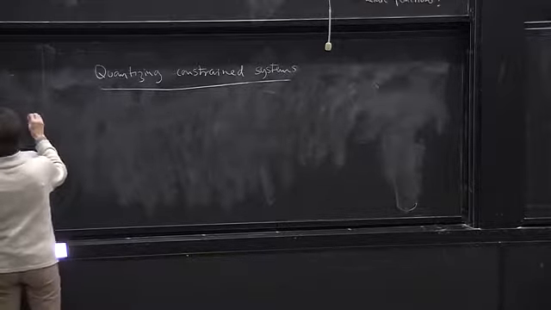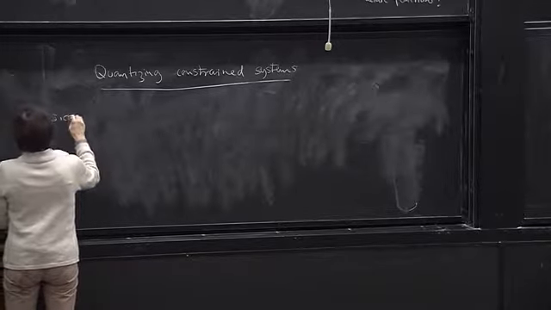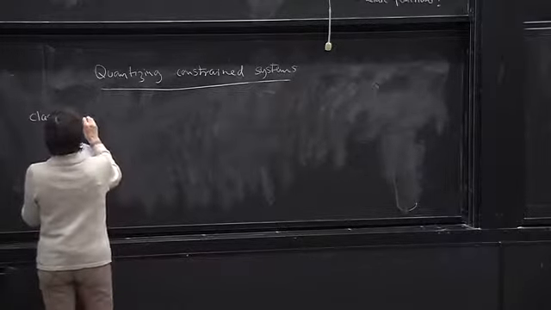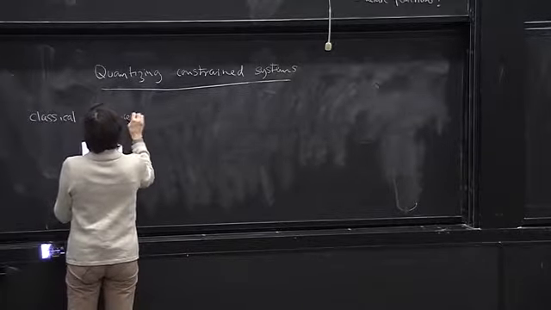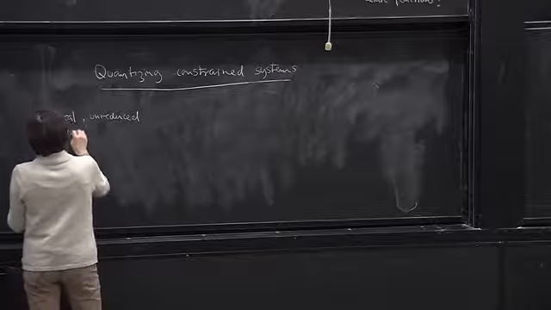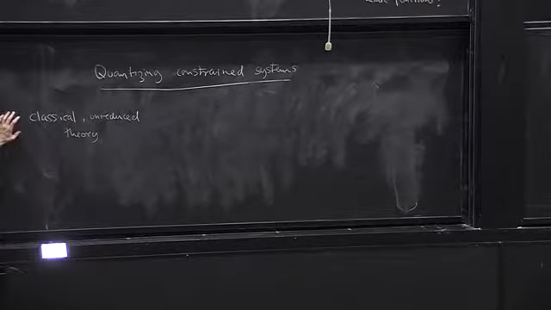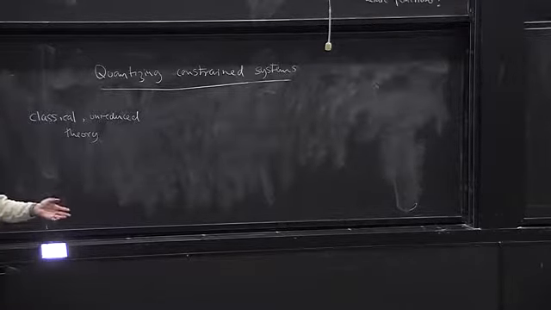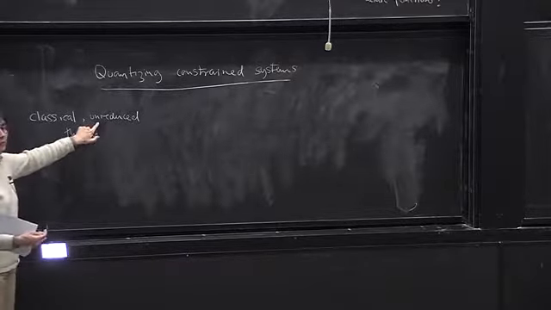Now, what is my diagram? My diagram has four corners. My upper left-hand corner is the classical, unreduced theory. That means I have a theory given to me in terms of a bunch of variables, of which I already know that part of them are gauge, and only part of them are genuine physical degrees of freedom. That's what I mean by unreduced.